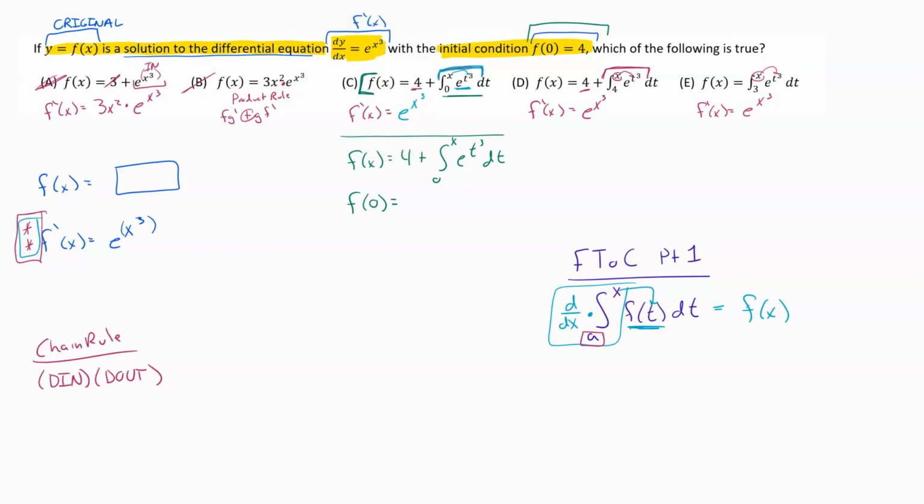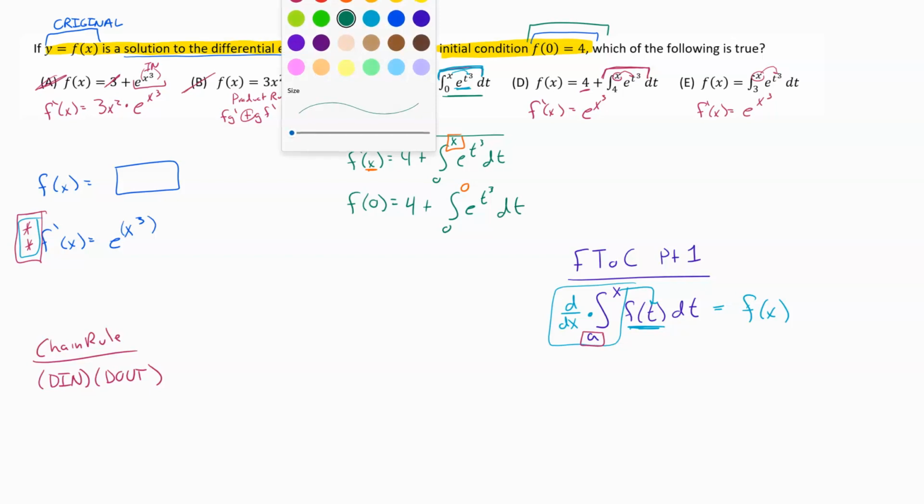Well, function notation says whatever I replace x with here, you replace x within the equation. So I get 4 plus the integral from 0, and then I plug in 0 up here, of e to the t to the third dt.